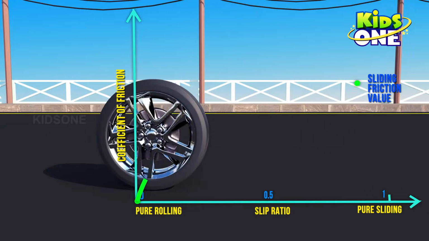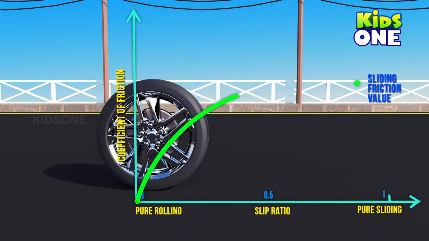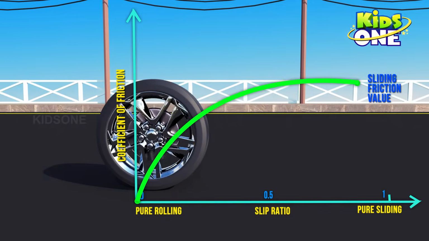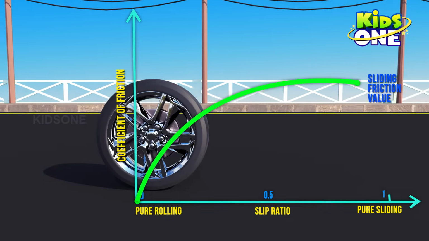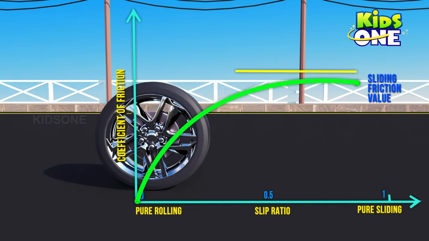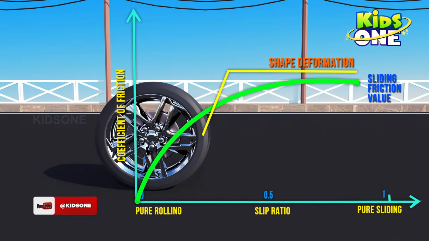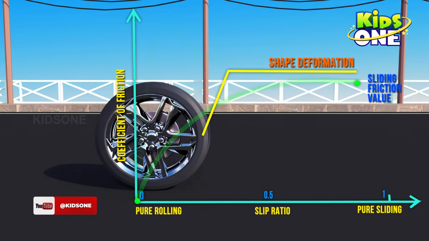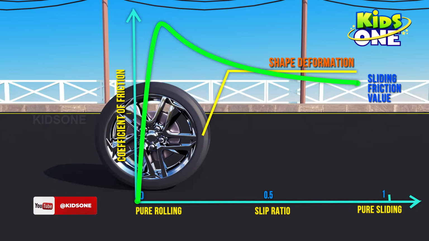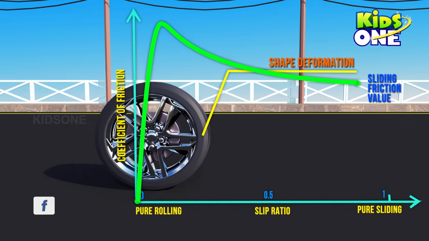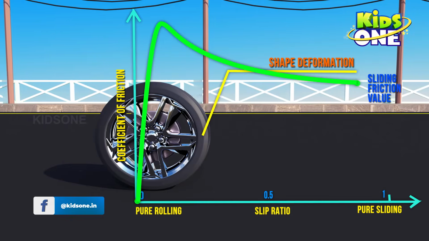We can now expect the frictional values to vary with slippage. Since rubber is a complex material which has a strange behavior during braking, the frictional coefficient between the tire and the road varies with respect to slippage. It has a peak value at around 12% of the slip ratio, and below and above this, the frictional coefficient reduces.